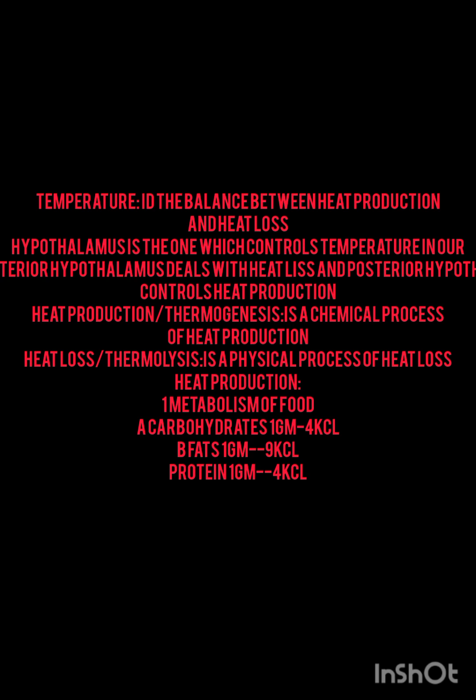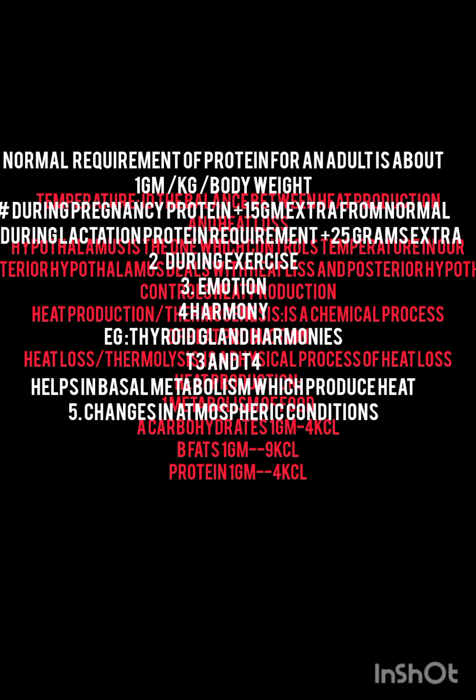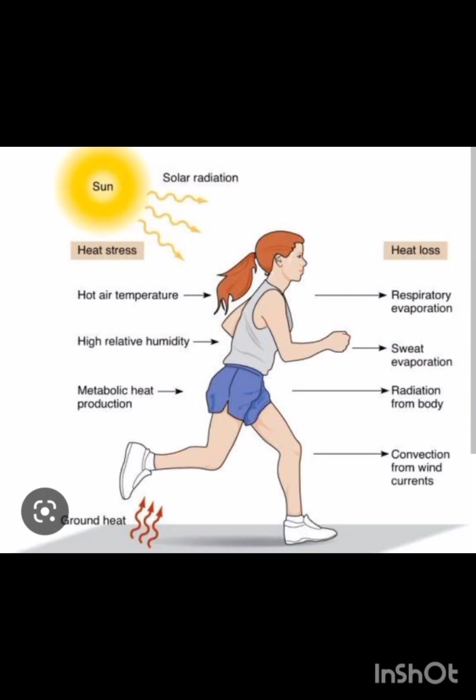If 1 gram of carbohydrate gets metabolized, it produces 4 kilocalories of energy, whereas 1 gram of fat gives 9 kilocalories, and 1 gram of protein gives 4 kilocalories. So here we can see how heat is produced.